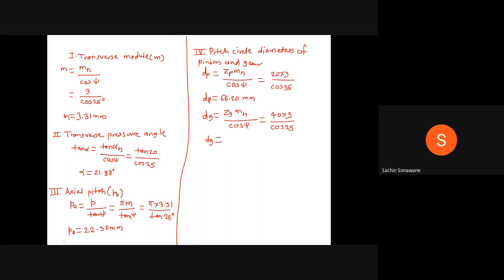What is the value? 132.41. 132.41 mm. And now we will find out the addendum and dedendum circle diameters of the pinion.